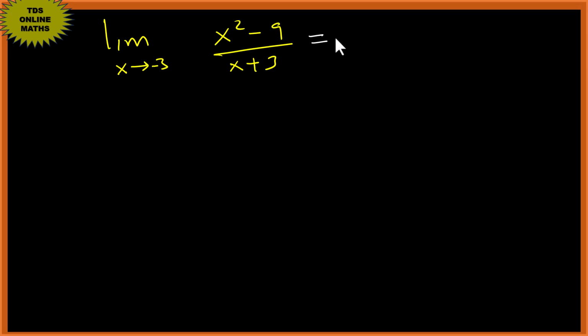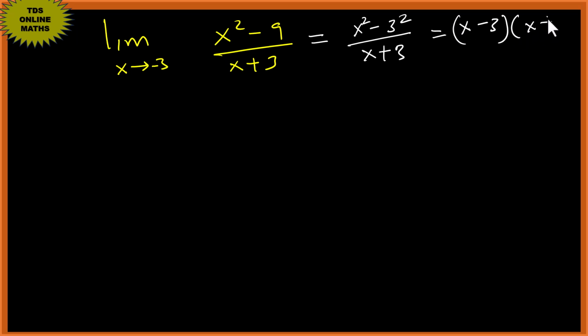So I can say x squared minus 3 squared over x plus 3. That gives x minus 3 times x plus 3 over x plus 3.